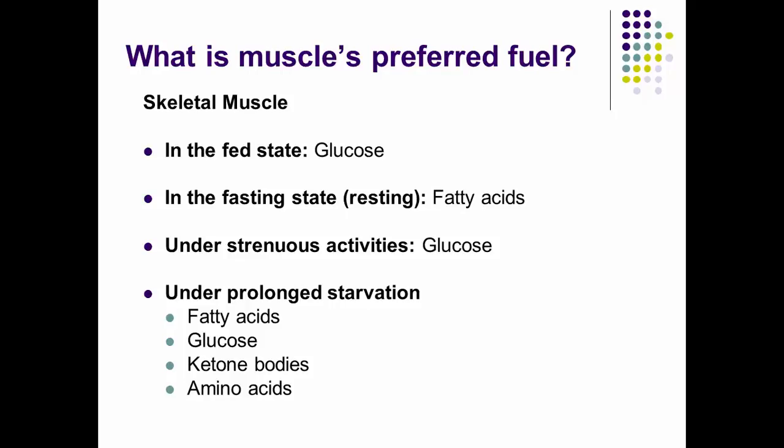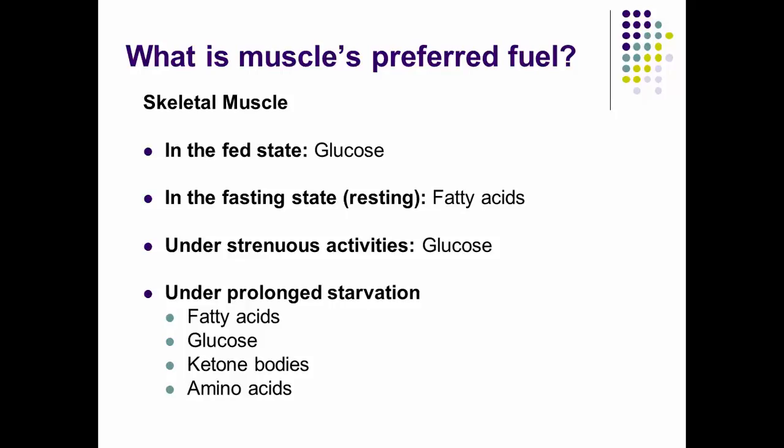And under muscle contraction, exercise conditions, glucose is still an important energy fuel. And under prolonged starvation, meaning not just a couple of hours of starvation but several days, muscle will prefer to utilize fatty acids, ketone bodies, and also amino acids. Glucose is utilized but spared, going only to partial oxidation during prolonged starvation.